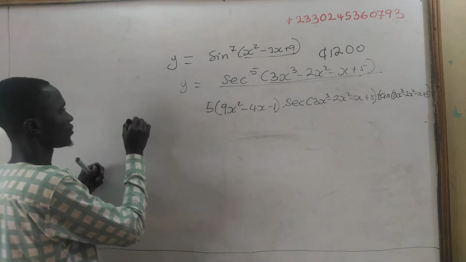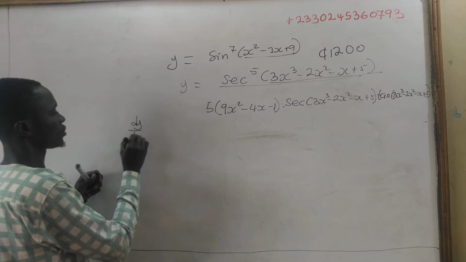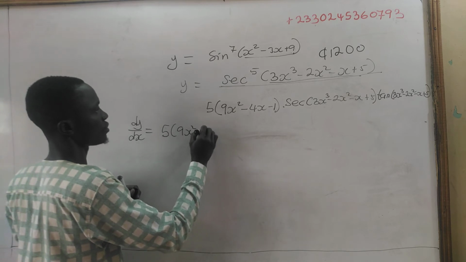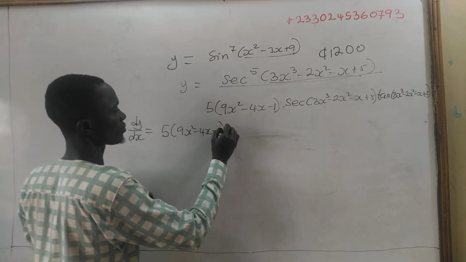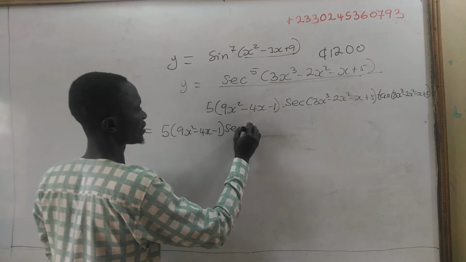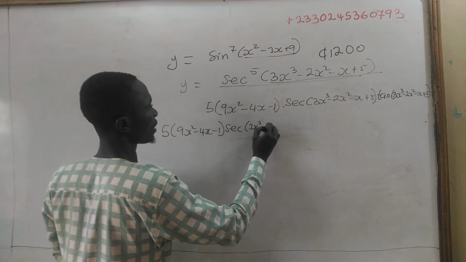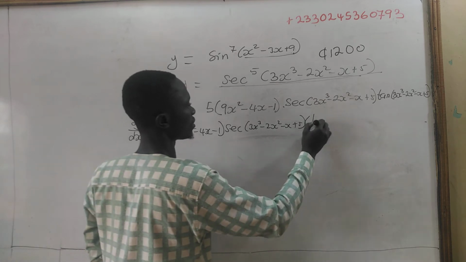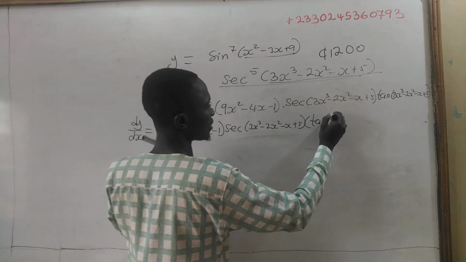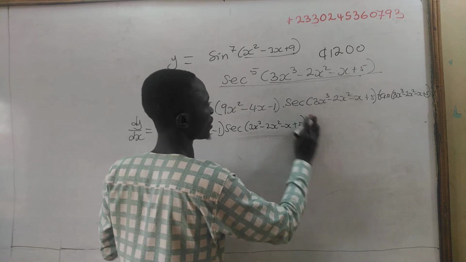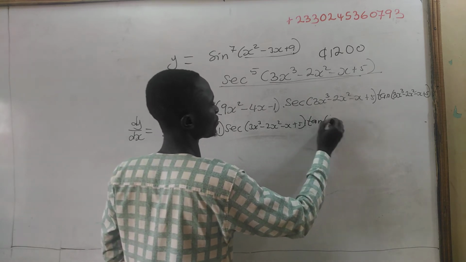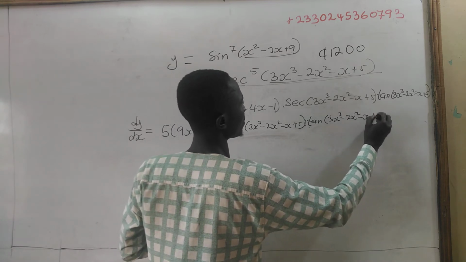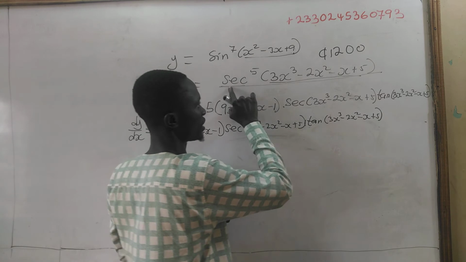So we are going to have the derivative of y with respect to x is equal to 5 times 9x squared minus 4x minus 1 times secant 3x cubed minus 2x squared minus x plus 5 times tangent 3x cubed minus 2x squared minus x plus 5 times the original.